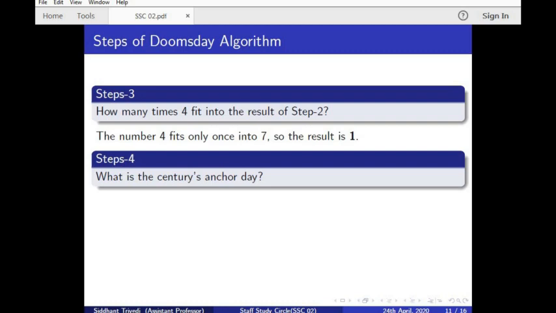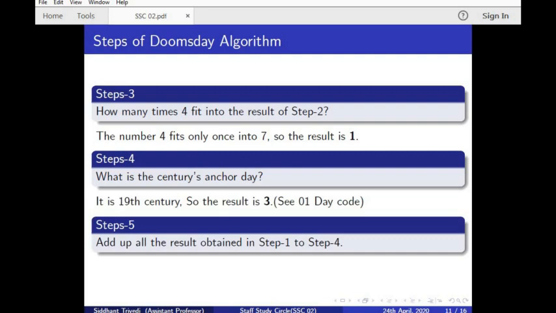Now, in step 4, what is the century's anchor day? Here, the century is the 19th century and therefore the anchor day for the 19th century is Wednesday, and Wednesday is represented by code 03.